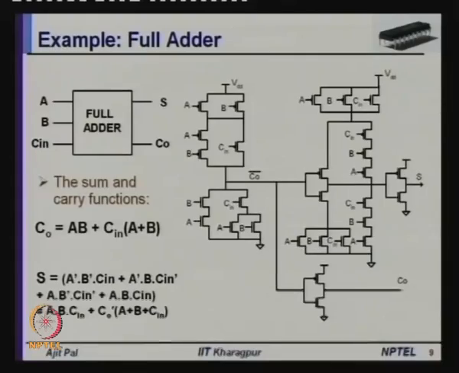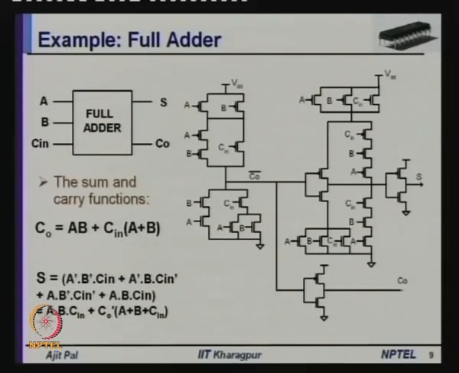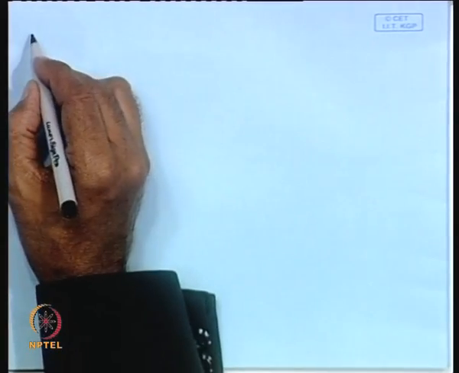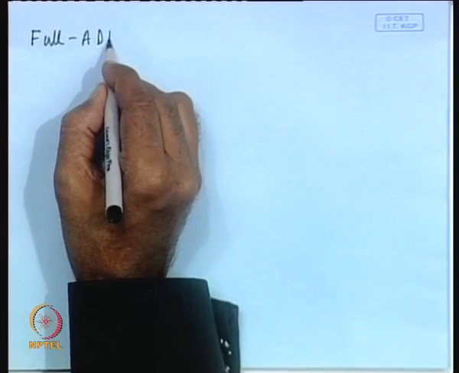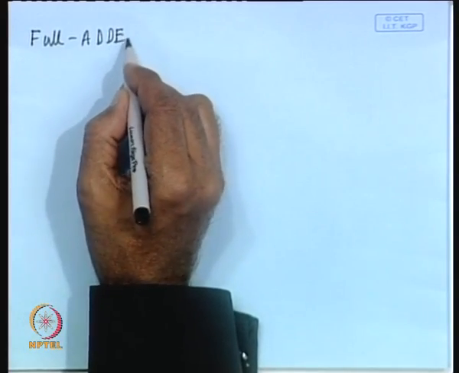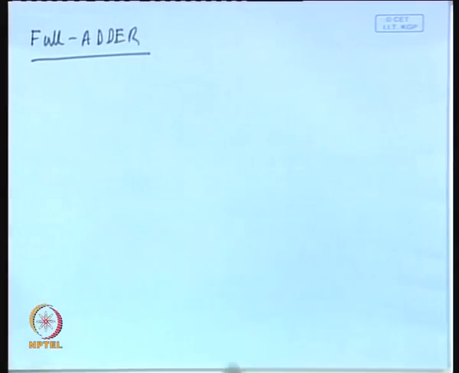Now, we shall consider the realization of a little more complex function, that is your full adder. As you know, adder is one of the most common functional elements you require in any circuit that performs computation.